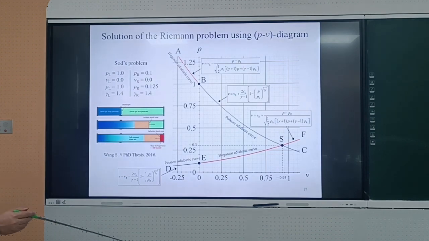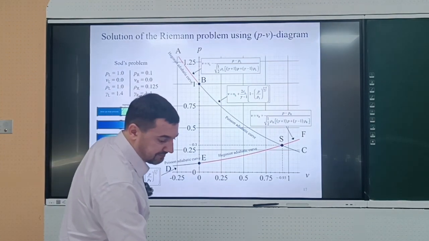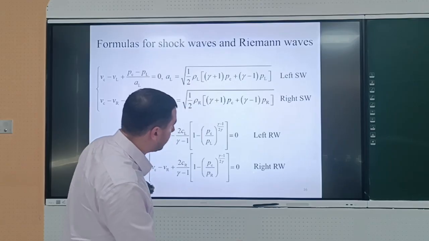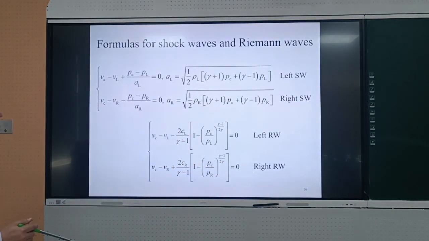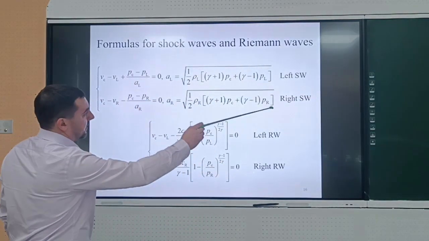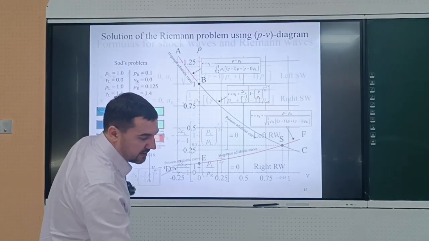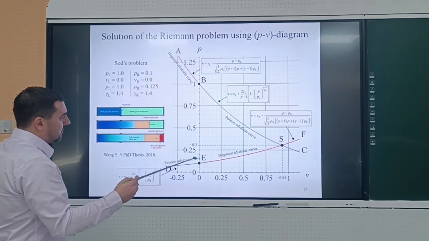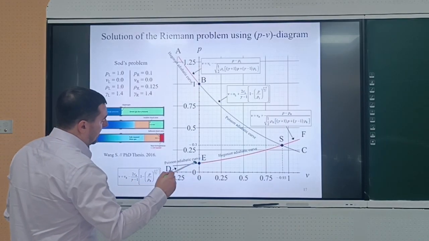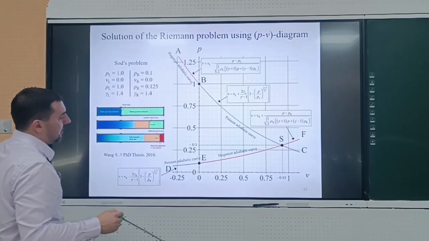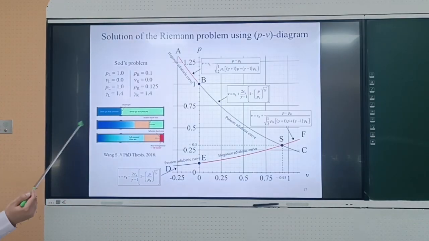What should we do? We obtained these 4 formulas: for the left shock wave, for the right shock wave, for the left rarefaction wave, and for the right rarefaction wave. For gas to the right of the discontinuity, we should plot curves corresponding to all possible states.